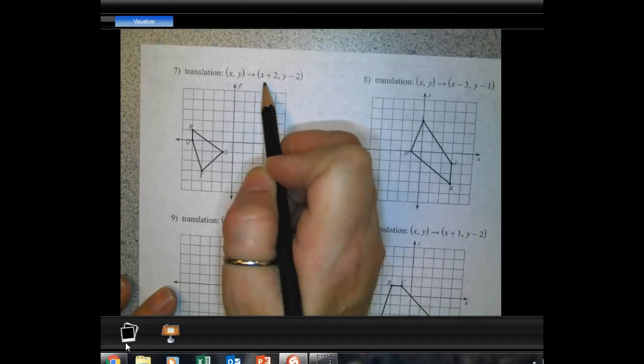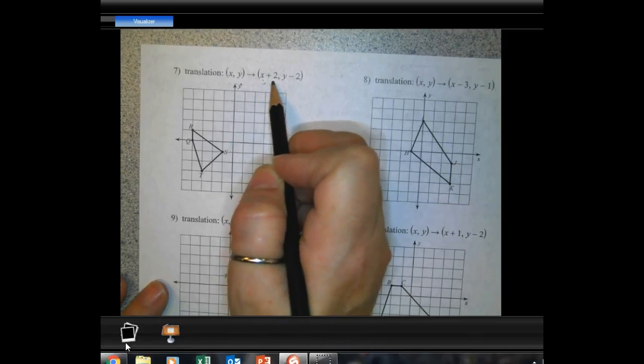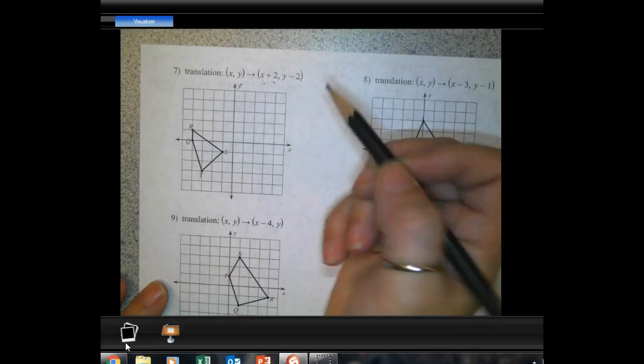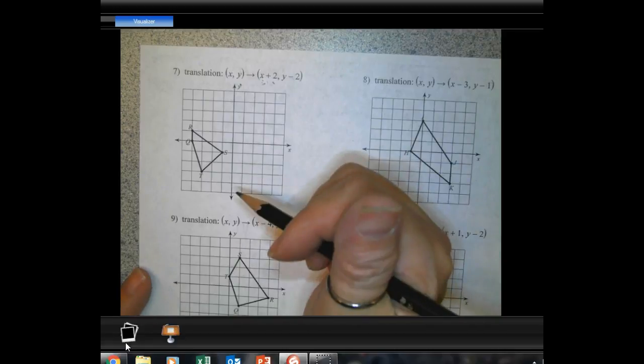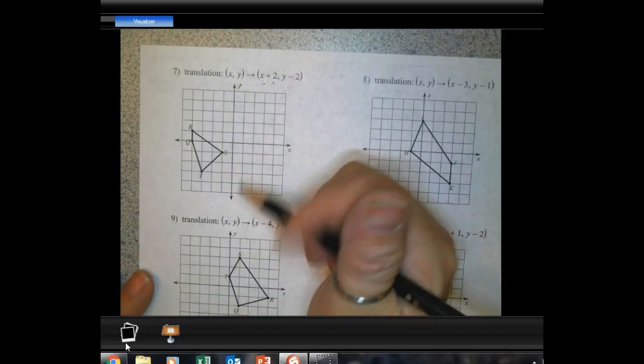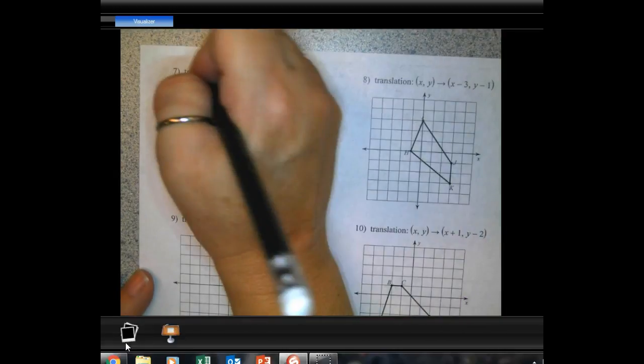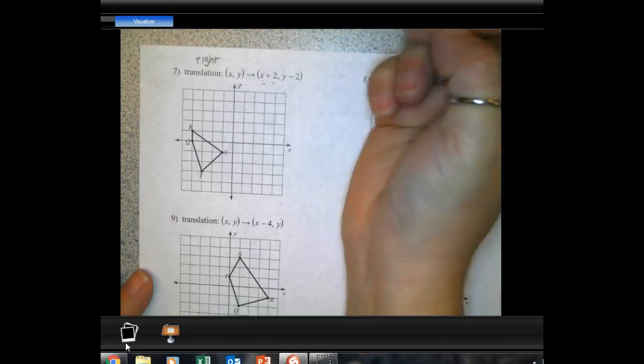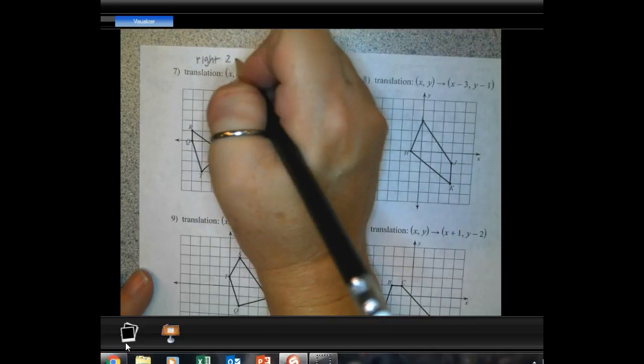I want you to tell me in words what it's telling you to do. So if it says X plus 2, what are we doing? X plus 2 tells me to move left or right. Which one? So we're going to go right. How many units? 2 units.